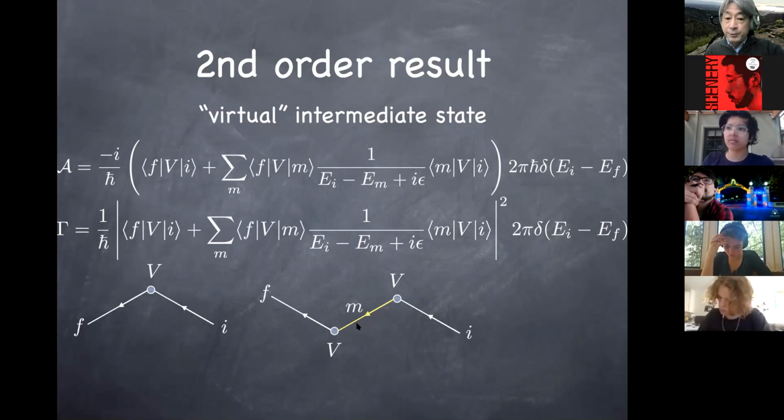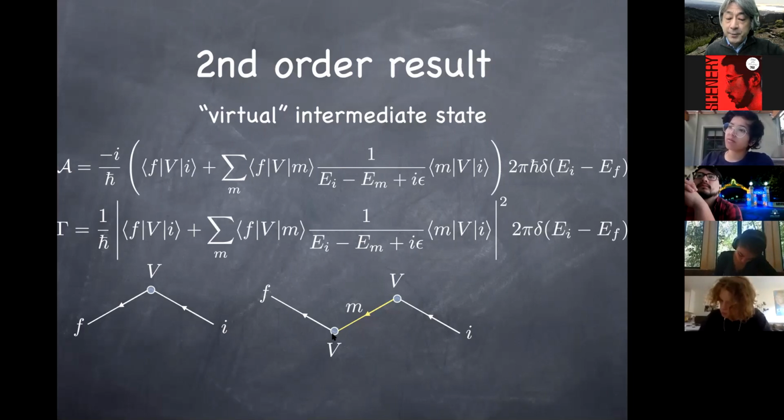So this state is allowed to exist only with the uncertainty principle, so only for a finite amount of time. And you have to give the energy back to the system by hitting another interaction Hamiltonian V, so that you finally go to this final state F, which does have the same energy as initial state I, which is enforced by this delta function of the energy conservation.